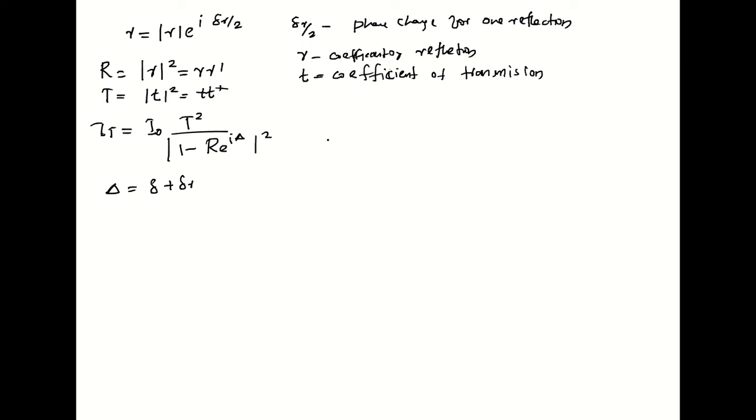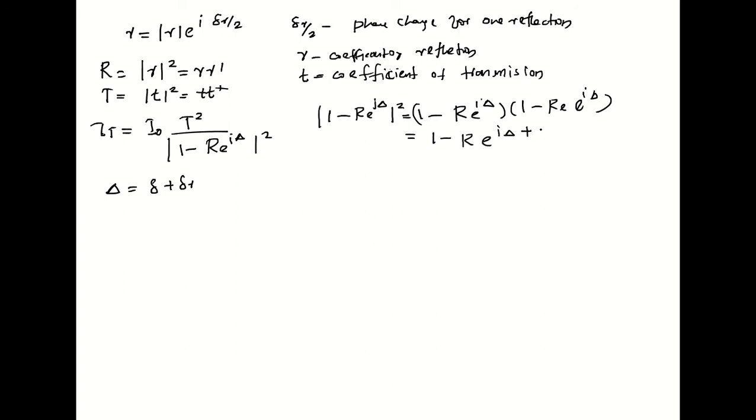And if you elaborate 1 minus R e raised to i delta whole squared, I'm not going into much detail, it can be reduced to (1 minus R e raised to i delta)(1 minus R e raised to minus i delta), which is 1 minus R (e raised to i delta plus e raised to minus i delta) plus R squared.